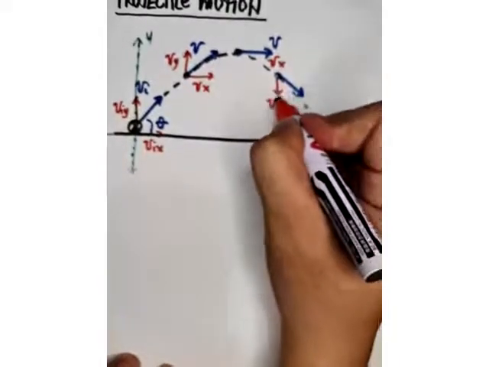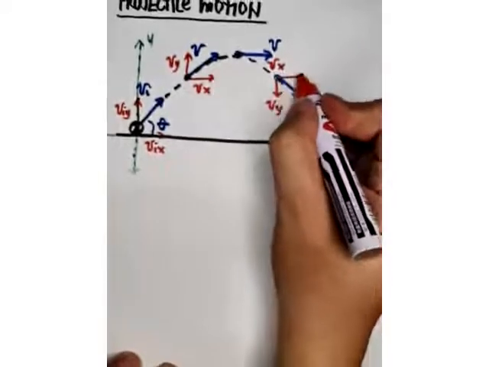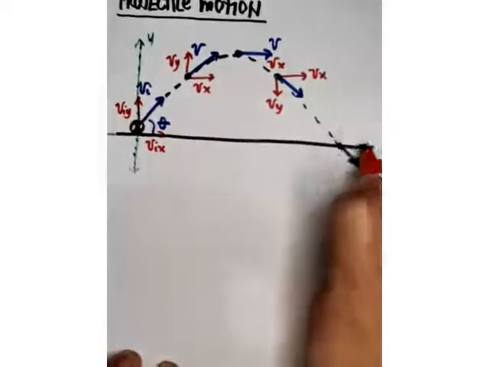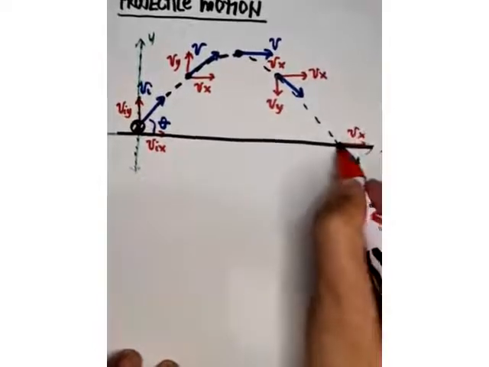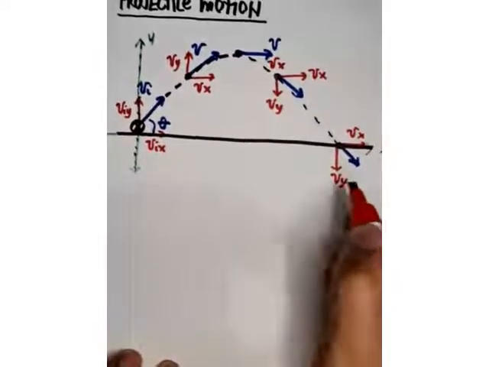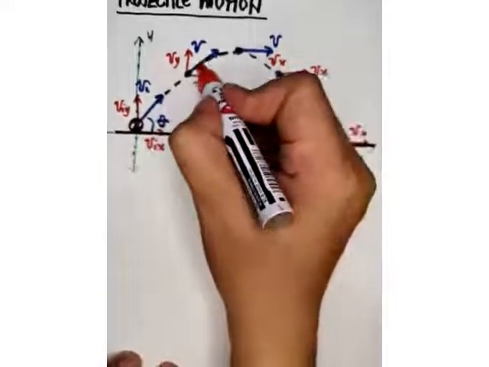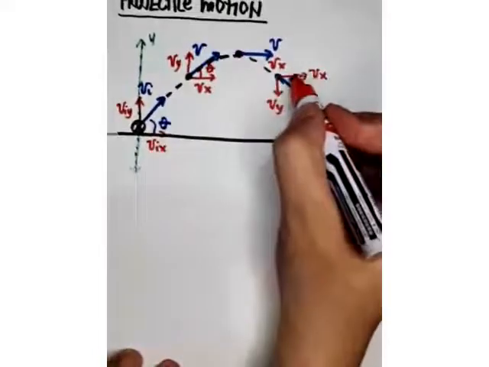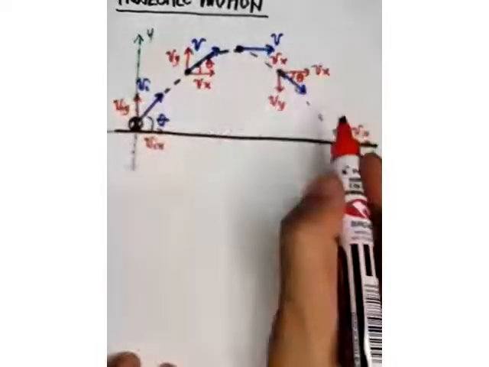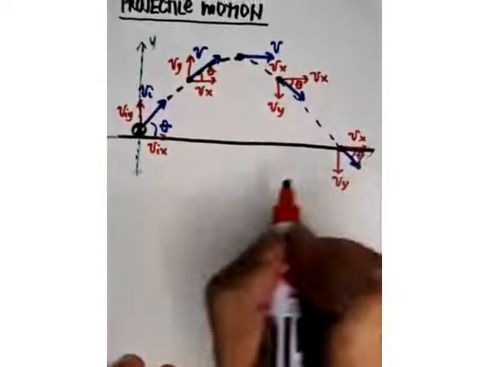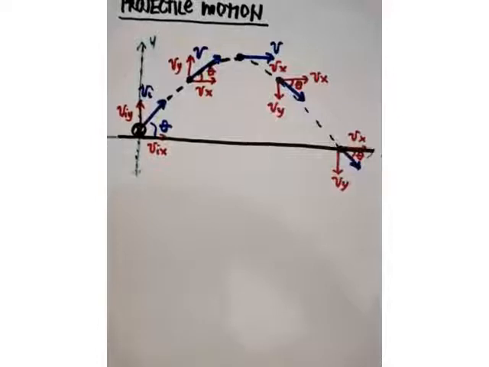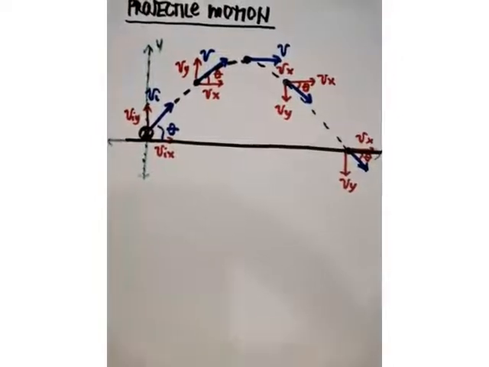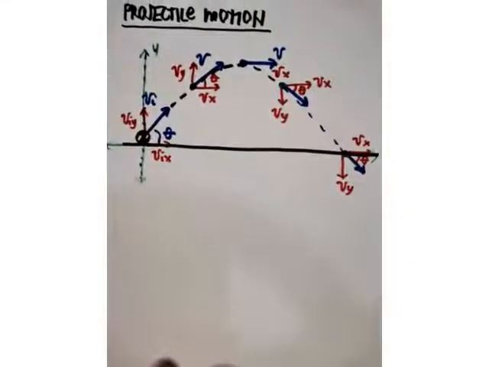Dito, meron din siyang VY, pababa na, tapos meron siyang VX. Dito rin, meron siyang VX at VY. Yung angle nagpapalit kasi nagpapalit yung velocity. Di ba alam natin, pag tumataas yung isang object, bumabagal siya. Nagbabago rin yung kanyang velocity, pati yung direction at magnitude. Yan yung nangyayari sa velocity habang nagta-travel yung object natin sa kanyang trajectory.